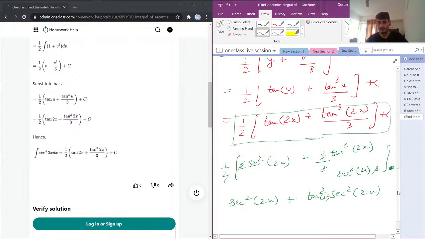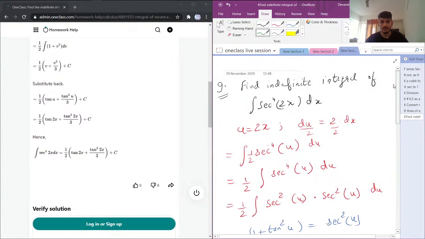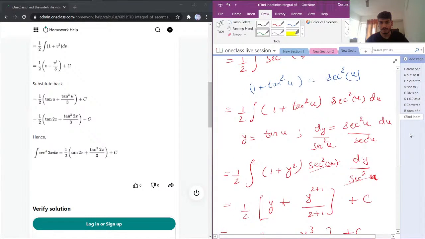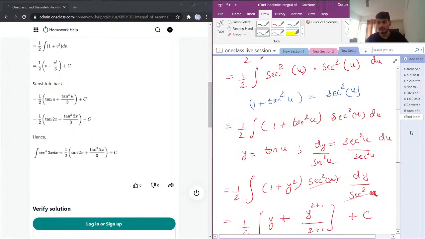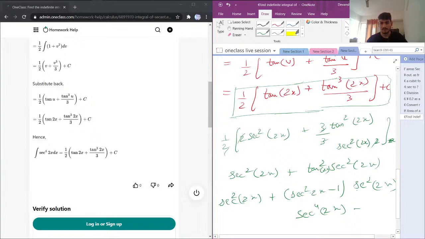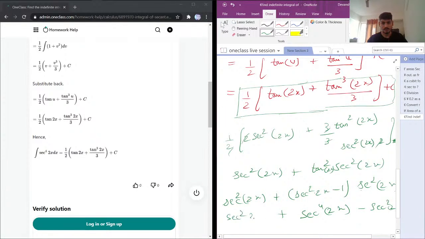Now what was the original question? Secant power 4. So tangent square can be written as secant square minus 1. So secant square 2x plus secant square 2x minus 1 times secant square of 2x, then minus secant square of 2x and then plus secant square of 2x.